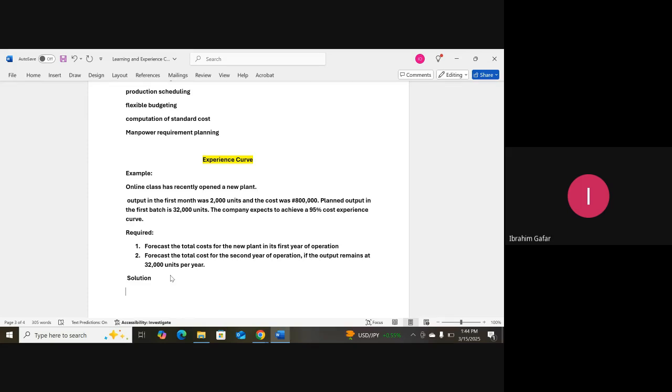Whatever we get as our CAT, we then multiply with the plan output in the first year, because the question states forecast the total cost for the new plant in the first year of operation, and the plan output in the first year of operation is 32,000. So how much will it cost them for this plan output of 32,000? Then we have to calculate the what? The CAT. That CAT is our cumulative average time taken for that 32,000.